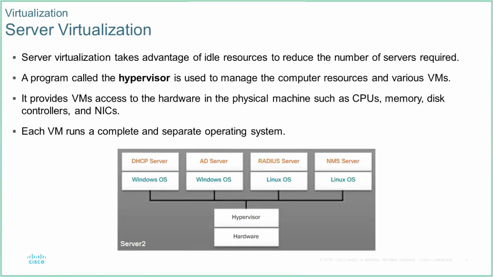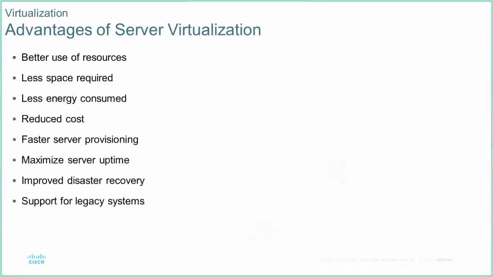Each virtual machine is a standalone server, and it doesn't share operating resources with its neighbors as far as the software is concerned. So, as I said, less energy, less cost. You can roll out new servers very quickly. Generally speaking, you have better uptime.